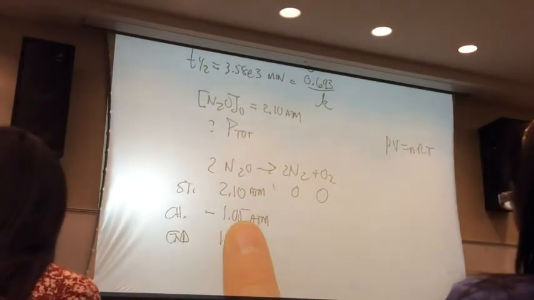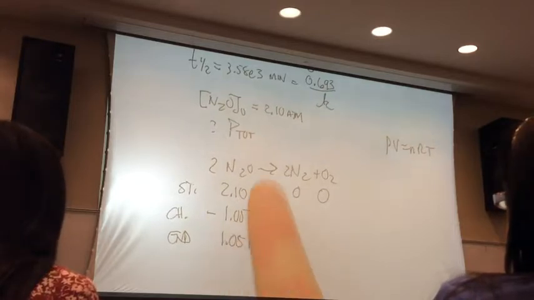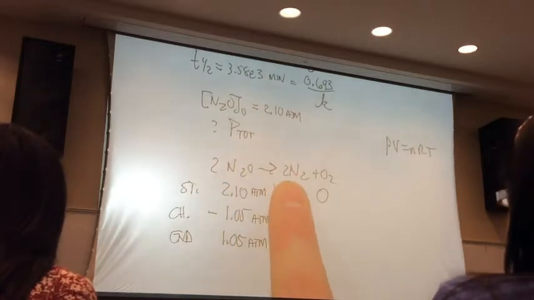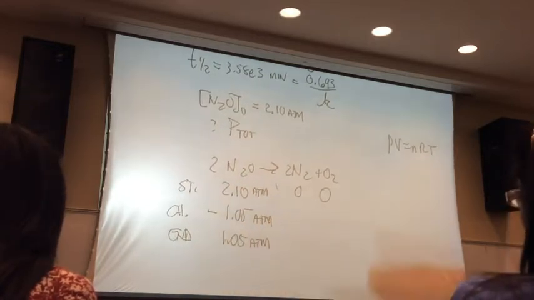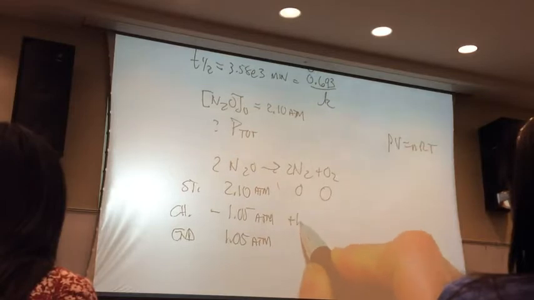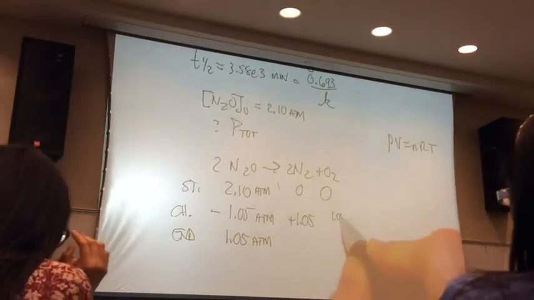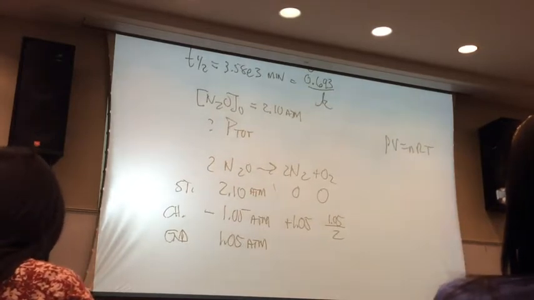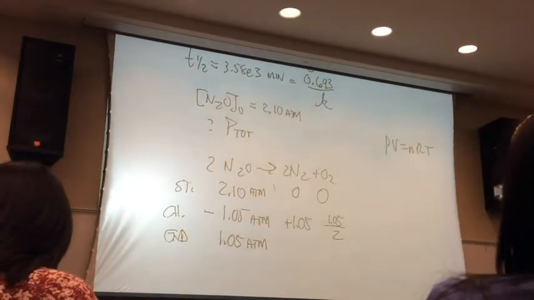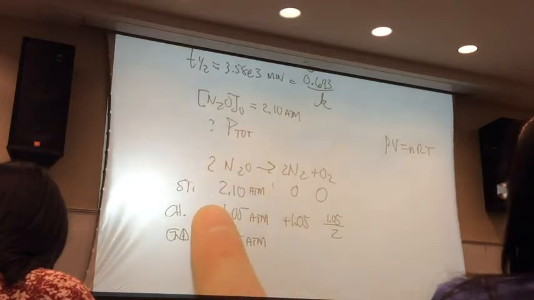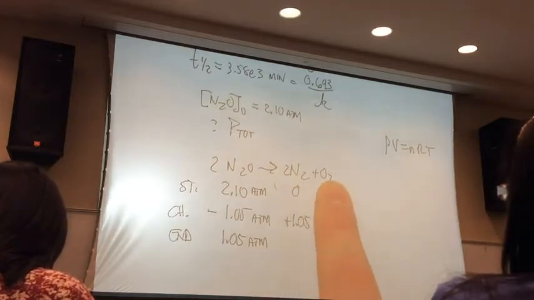If I lost 1.05 of this, how much N2 did I create? For every 2 of these, I get 2 of those. So if I lost 1.05 here, I produced 1.05 atmospheres of N2, and the O2 would be 1.05 divided by 2. This is just stoichiometry: for every 2 I lose, I make 2 of these and 1 of those.